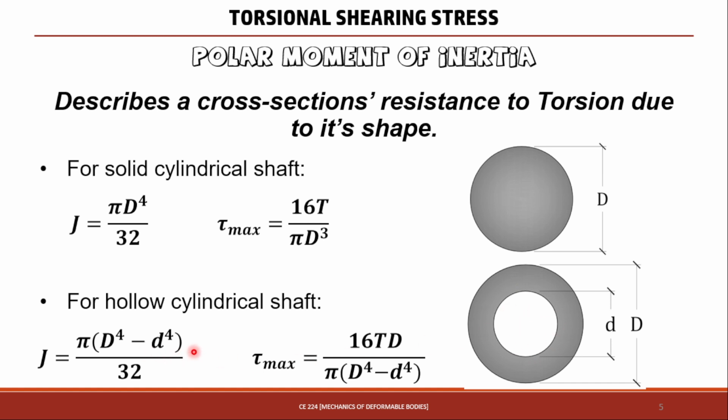Okay? And when we plug that into our equation for maximum shear, we get the equation 16T D all over pi times D to the 4th minus d to the 4th. Okay, so those are our equations for polar moment of inertia.